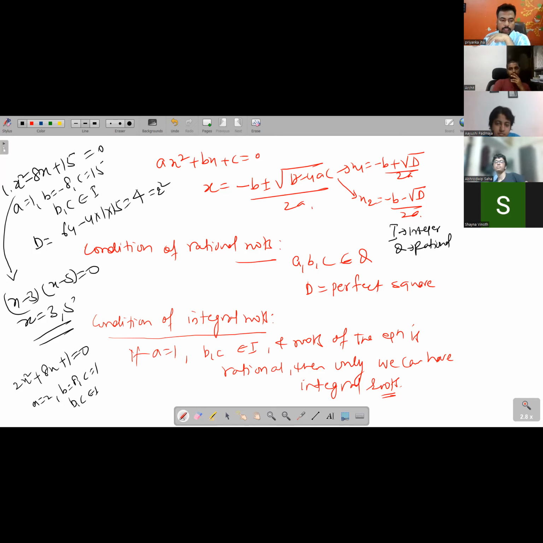So both are integers. Now find d, that is b square minus 4ac. Is it a perfect square? No. So we will not have integral roots. So if a is 1 and b and c are integers, and if the roots are rational, then those roots must be integers. These are the conditions. Understand it properly. You have to remember this condition.